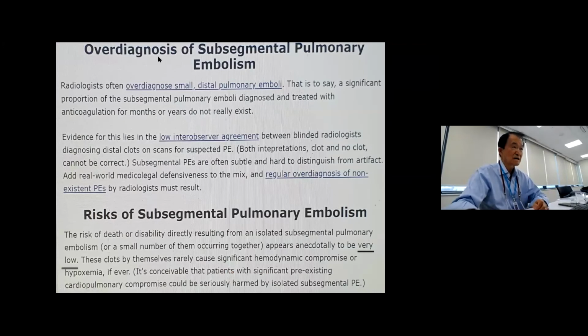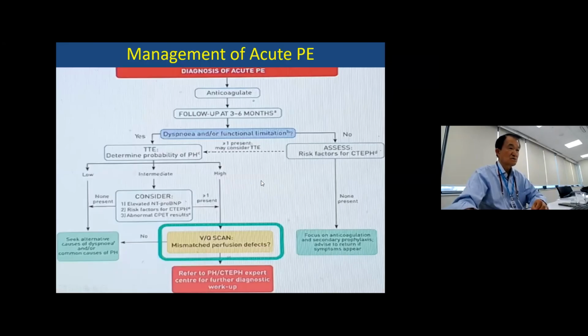And the overdiagnosis on all this has been well published. And so no one exactly knows what we have to do, okay? And so we still need more specific imaging. As I said, current VQ imaging is indirect, it's not specific.